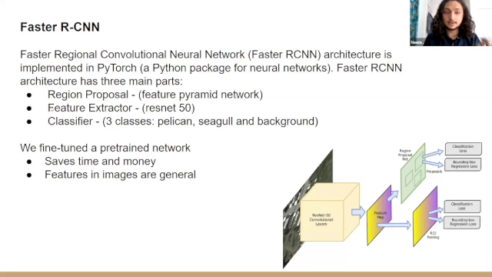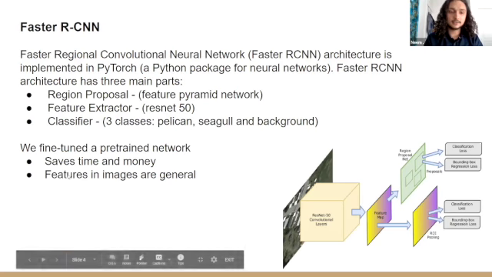The reason we used a pre-trained feature extractor is because training a neural network from scratch is a very time-consuming and money-consuming operation, because it requires a high-processing GPU and hardware, and enough storage, and that is very time and money intensive. So that's one of the reasons we decided to use a pre-trained one.